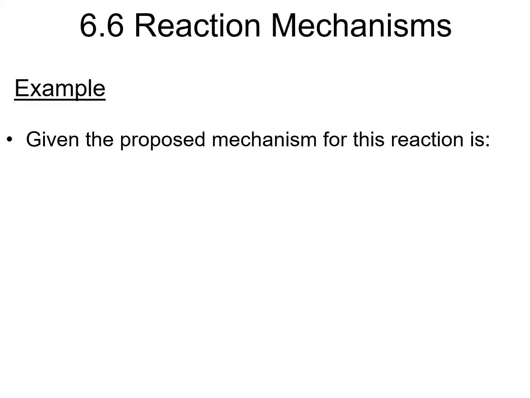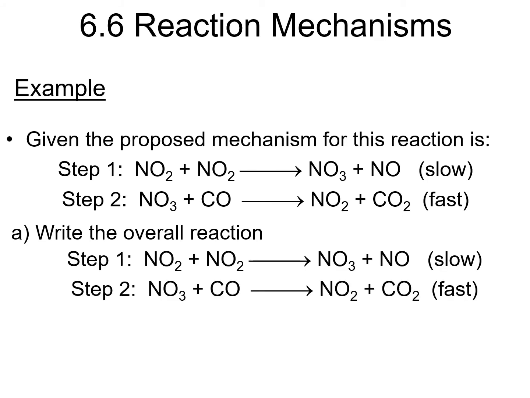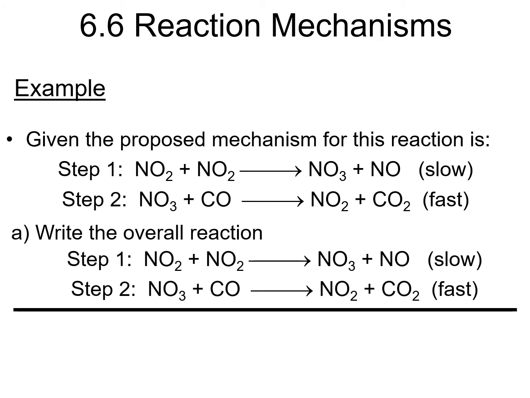Let's take a look at an example. Given the proposed mechanism for the reaction, here are our two steps. I want us to write the overall reaction. So here are the two, just rewritten. And there's our line. All we need to do is cancel out things that are occurring on both sides of our equations. So I see an NO3 here, and I see an NO3 there.